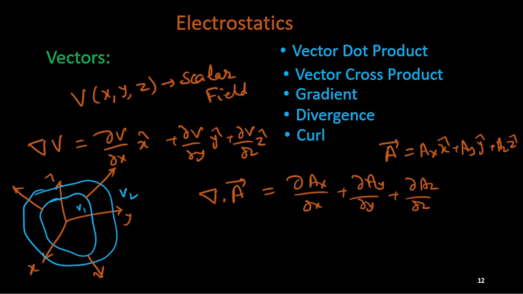So if I draw this figure, this is x, this is y, and this is z. So I can consider one cube or any closed surface. Okay, I can consider one cube here.